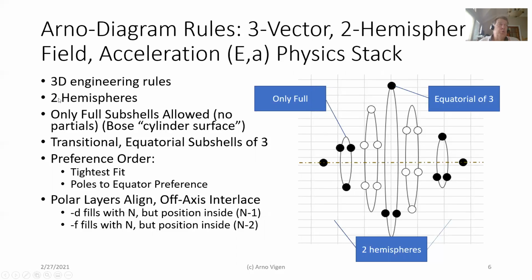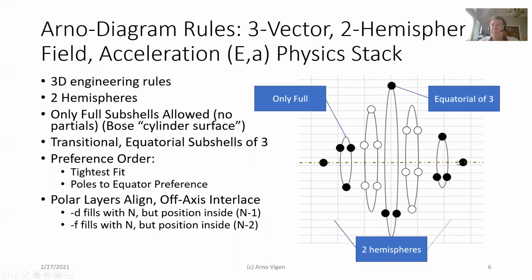And these are the engineering rules: 2 hemispheres, only full subshells allowed, no partials. That's because of the Bose cylinder service logic from the proof of statistical mechanics. But also, that means there's this special transitional equatorial subshell of 3.